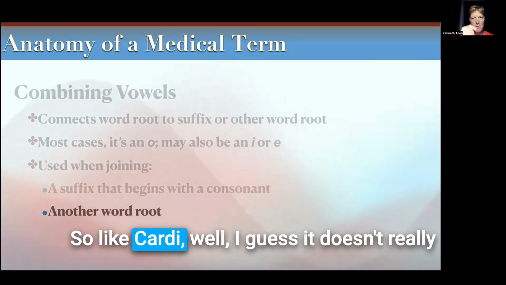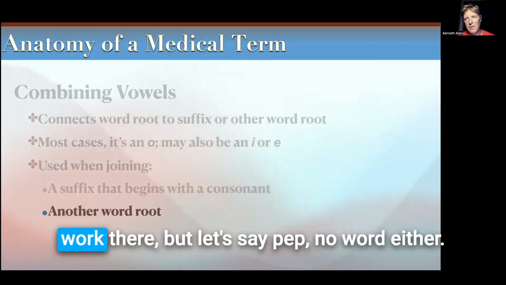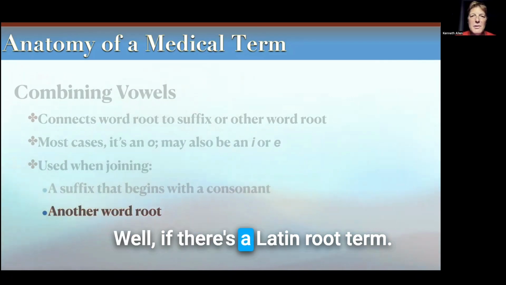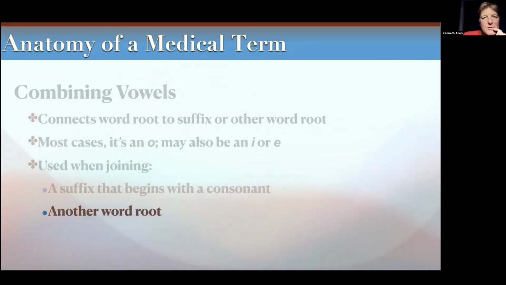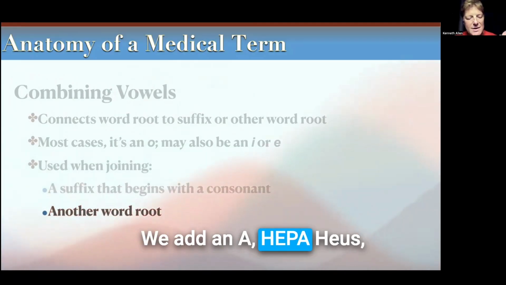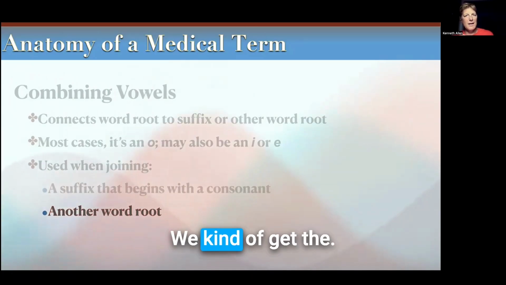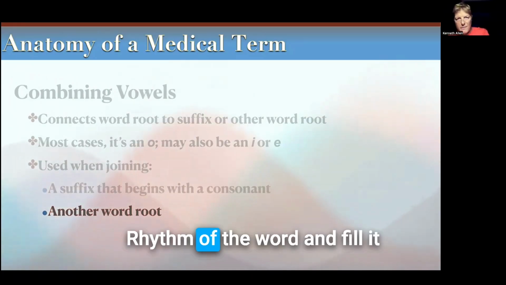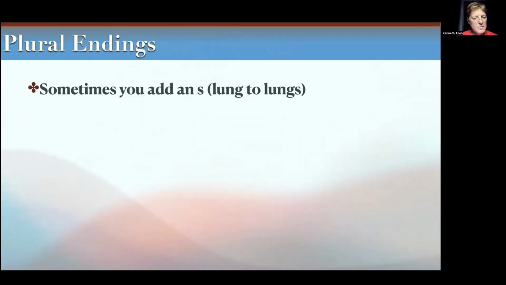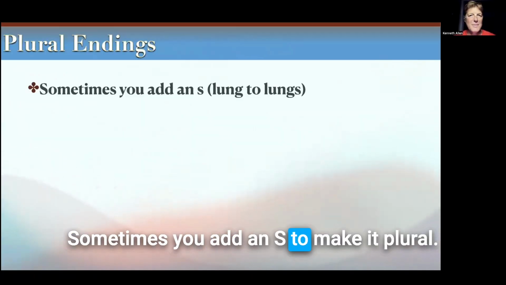Well, if there's a Latin root term, so hep usually means liver. Hep, we add an A, hepatitis. Putting an A in there, we kind of get the rhythm of the word and fill it out with the suffix afterwards.